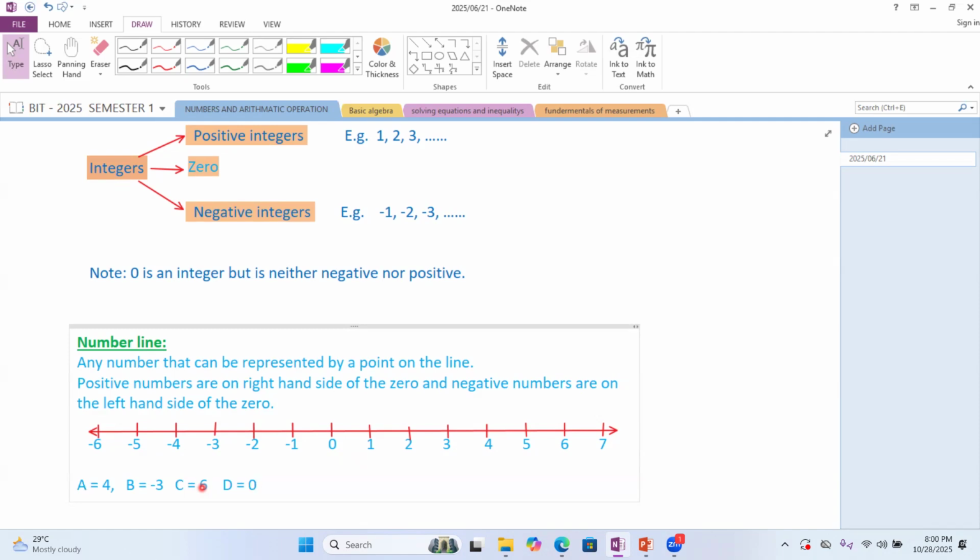So how can we represent these numbers on the number line? How can we represent A, B, C, and D?